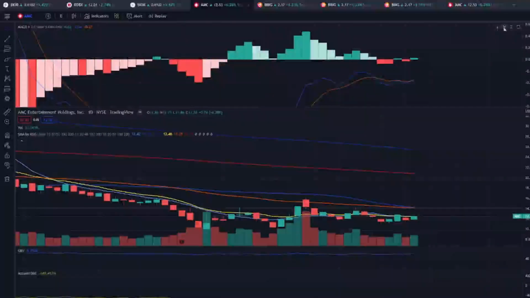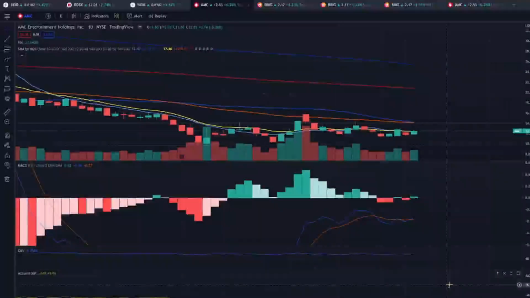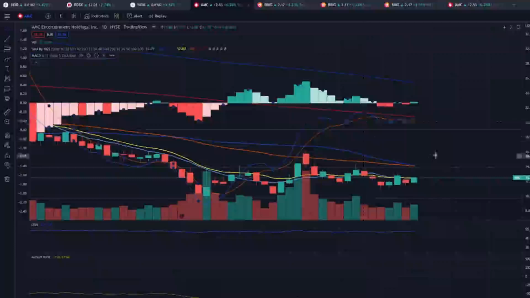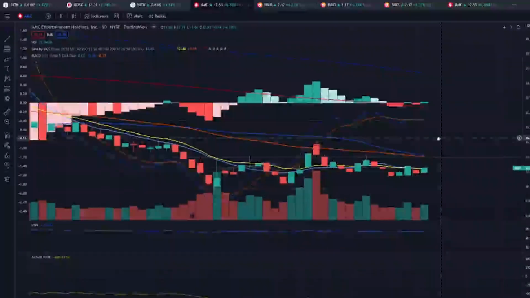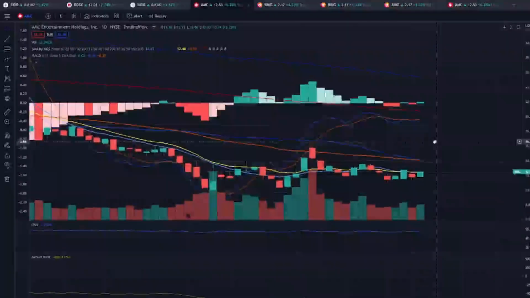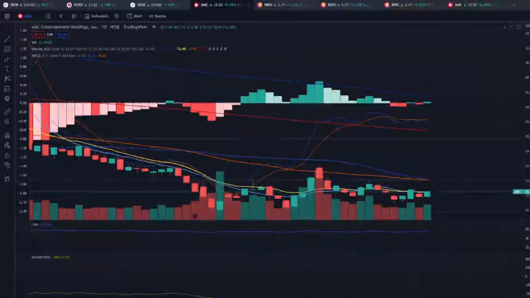So you open up your object tree on the very bottom right-hand corner. Then take your MACD and drag it up above that solid line that's right above it. There you go. And now if you want to move it to a different price scale or the same price scale, you can right click and pin your scales the way you want. But I assume that's probably the way you want it right there.